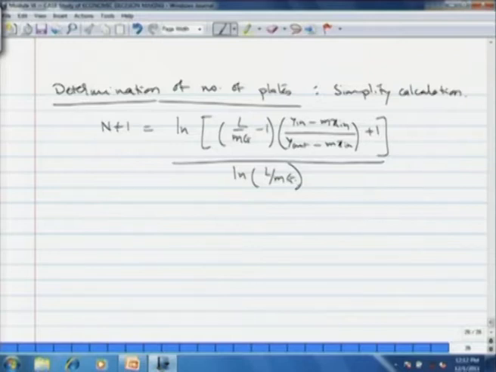Now, let us look at the left hand side of this equation. We have n plus 1 on the left hand side. However, if you see the cost of a column which contains, let us say, between 10 to 20 trays, the cost of a column containing 10 trays or 11 trays or 20 trays or 21 trays is not going to be much different.